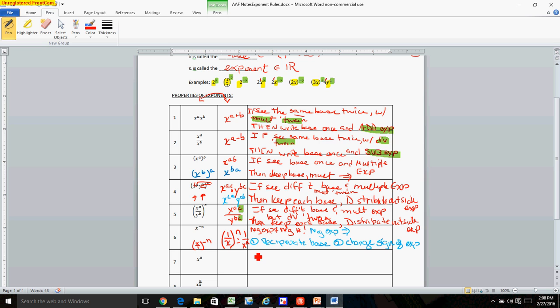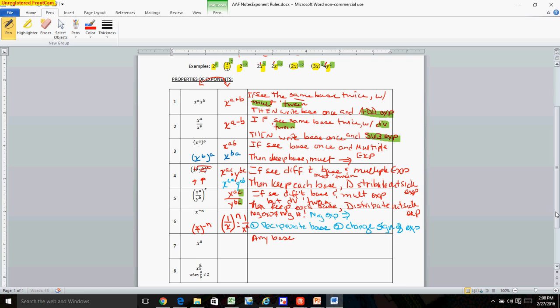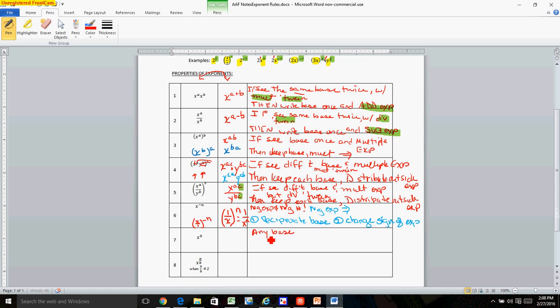Alright, property number 7. Any base. Any legal base, remember we have a restriction on our base. We can't have a base of 0. Any base to the power of 0 is 1. And I love 1. Now, the reason any base to the power of 0 is 1 refers back up to property 2.